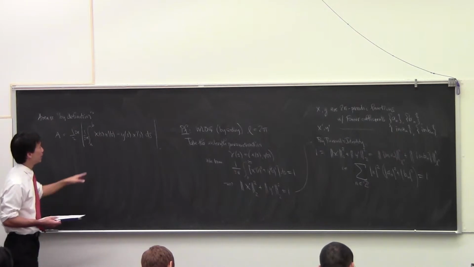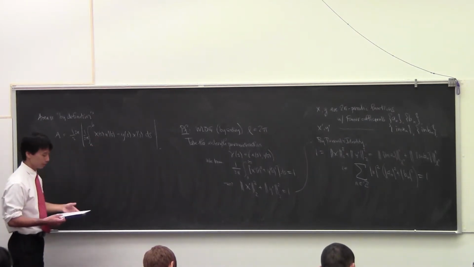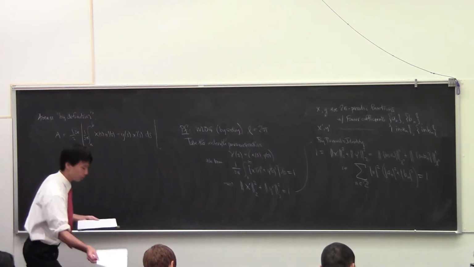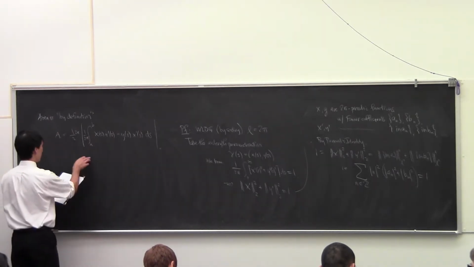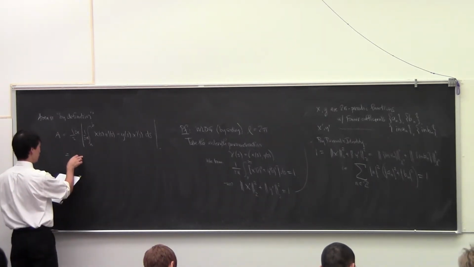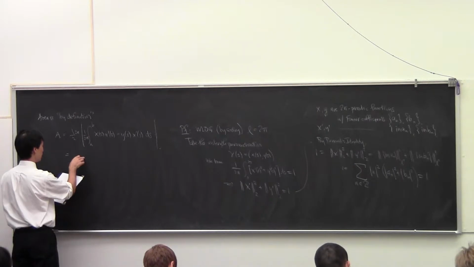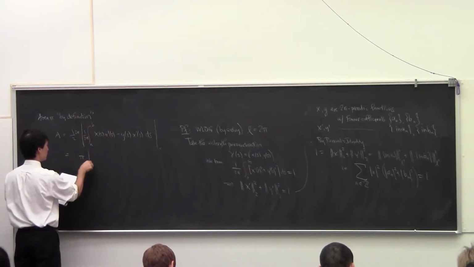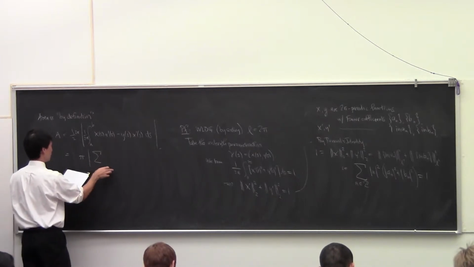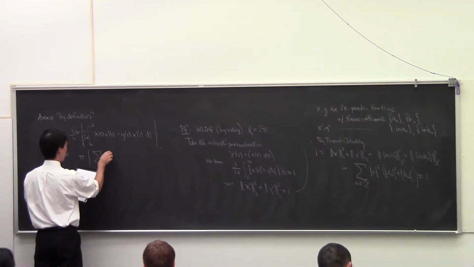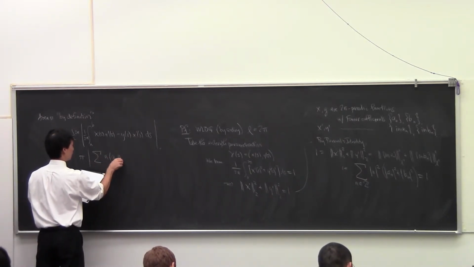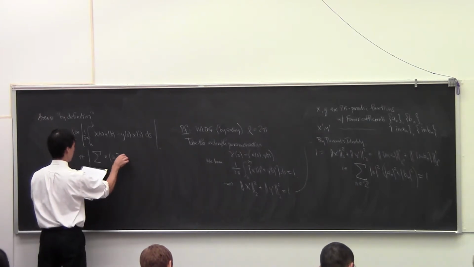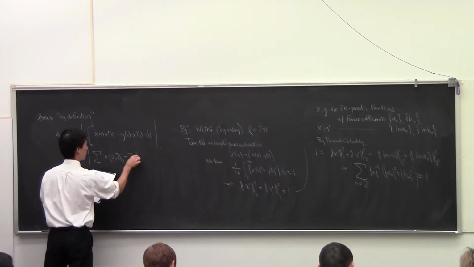It's an inner product, so we can use the polarized Parseval's identity. And we end up with this being i times the summation of a_n b_n bar minus a_n bar b_n.